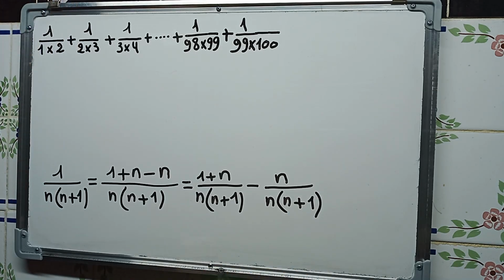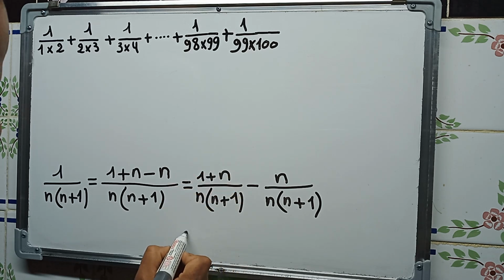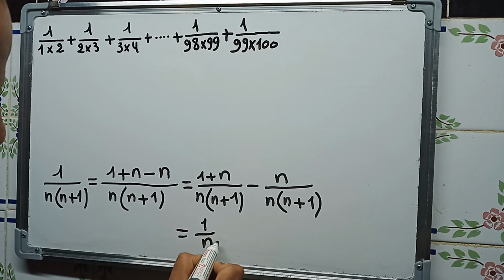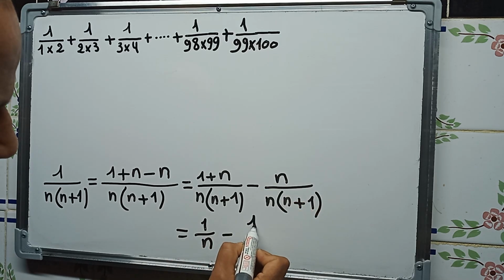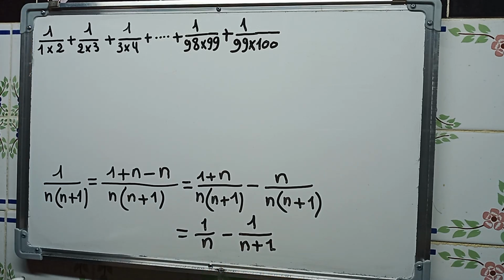And here you see those two terms cancel, 1 plus n cancels with n times n plus 1, so it's equal to 1 over n minus, and here n will cancel, 1 over n plus 1. So every term here has this form, 1 over n minus 1 over n plus 1.